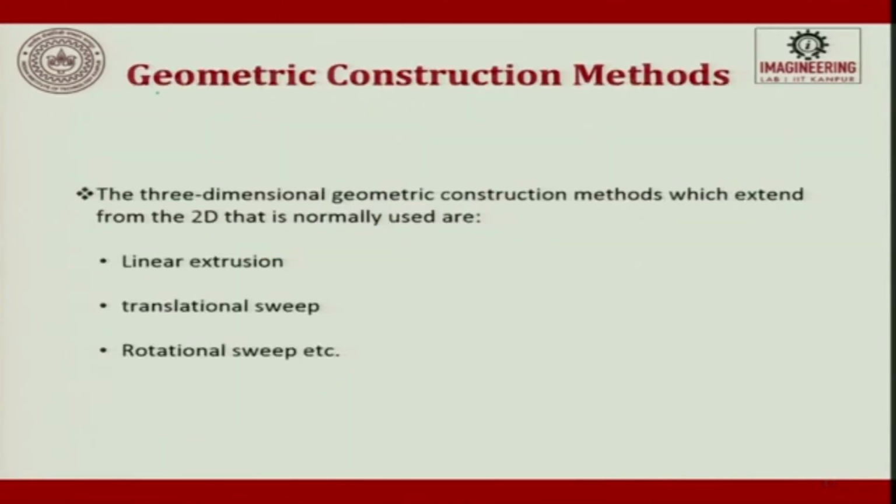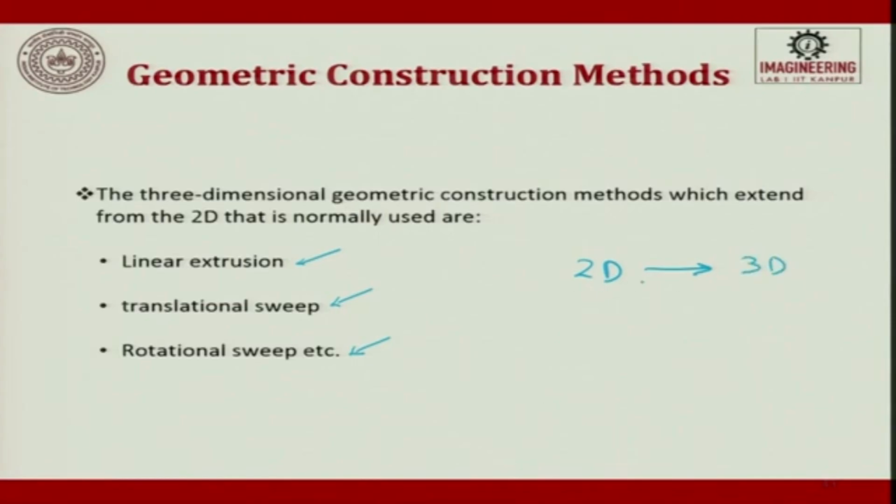Moving on, we are now getting into the topic of geometric construction methods. The three-dimensional geometric construction methods, which extend from 2D, are normally linear extrusion, translational sweep and rotational sweep. Till now what we saw was 2D, now we are moving from 2D towards 3D.